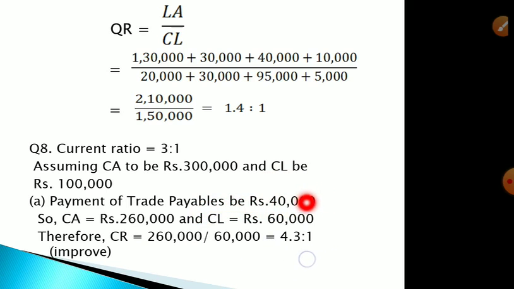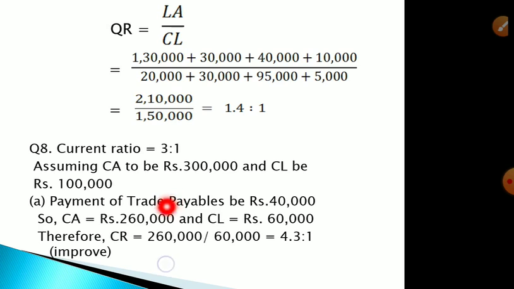So if we are making a payment for trade payables, that means our current liability is decreasing. On the other hand, we are also making the payment, maybe in cash or in bills receivable, where we are endorsing a bill to our creditor. So in both cases, the current liability and current assets both are getting affected.